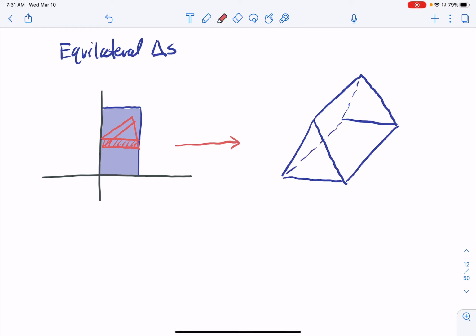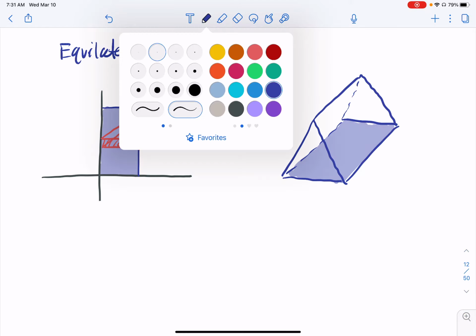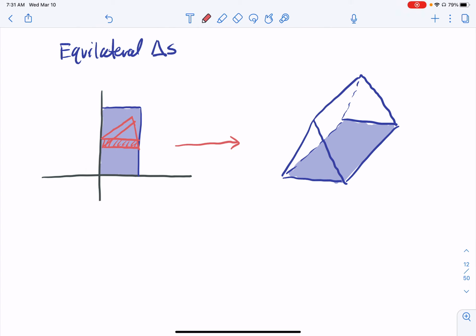All right, and color in the base here. That is the rectangular base, the same rectangular base we started the whole entire thing with. Voila. Okay. And then with your red crayon, here is our representative rectangle. Right, so it's this guy here.